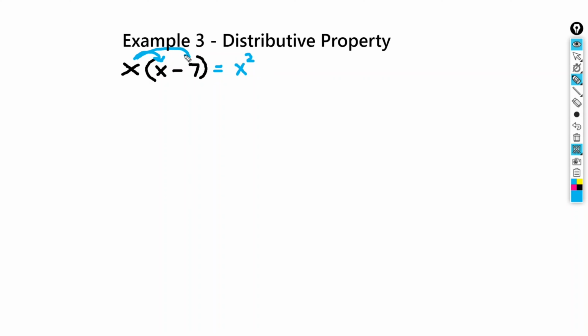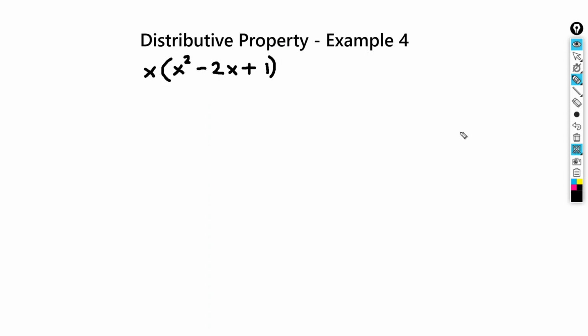And then we'll do x times this minus 7. This is like plus negative 7. So I could write this as plus negative 7. So x times negative 7 is negative 7x, or we just have minus 7x here. And there we go. We've simplified that one. Let's get to a couple more complicated examples after this.